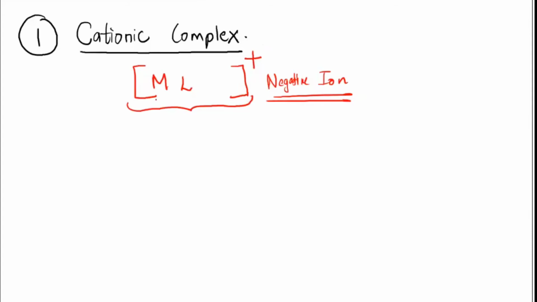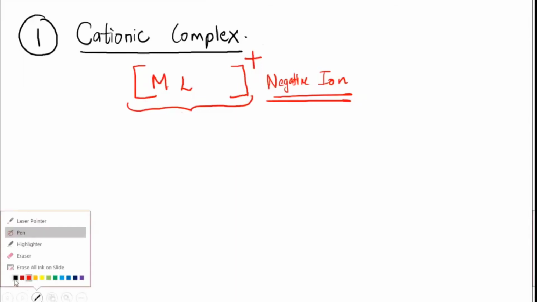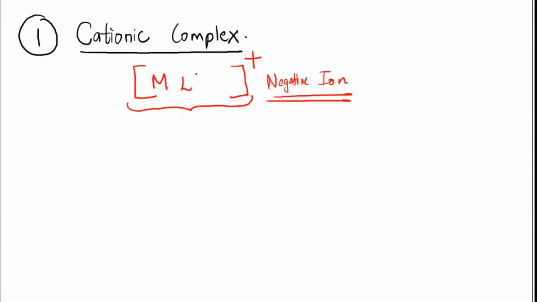Now inside this coordination sphere which carries positive charge, you find metal and then you find ligand. And I told you, when you go inside, you will always name the ligand first, then you will go to the metal. If there are many ligands, you will write the names of the ligands according to alphabetical order.